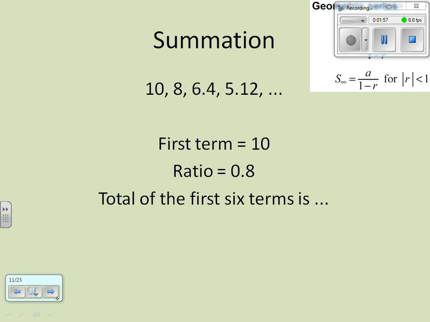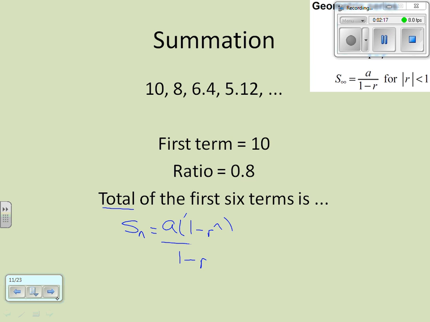Similar one, if I want to find out the total of them. The total formula, unfortunately, is in the top corner but covered by the recorder. The total formula is a(1 minus r to the n) all over 1 minus r, so it could be used either way around.